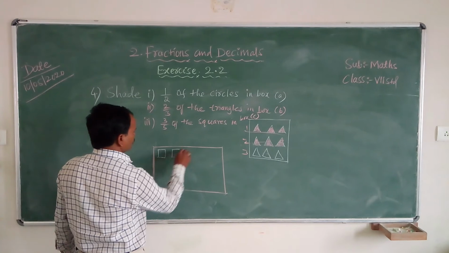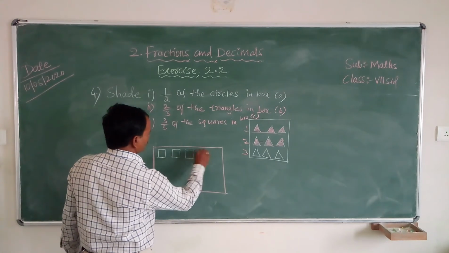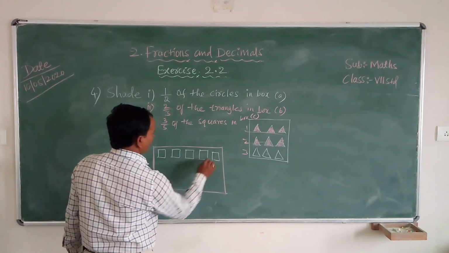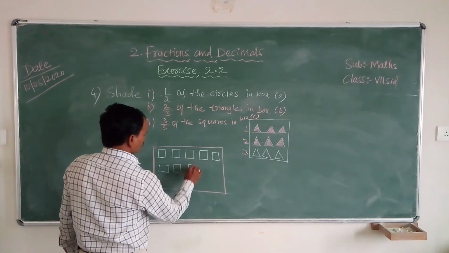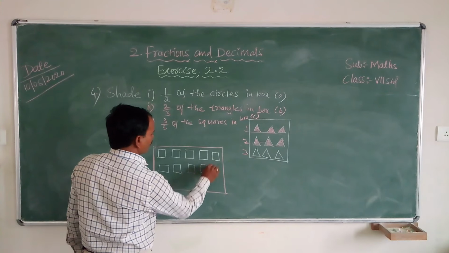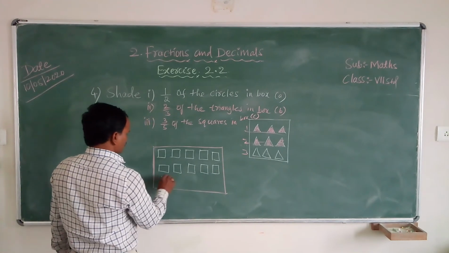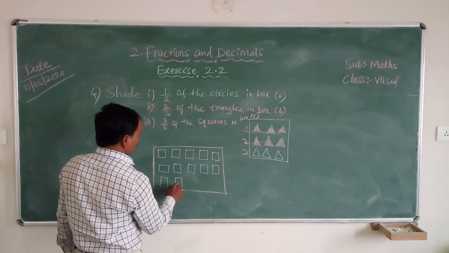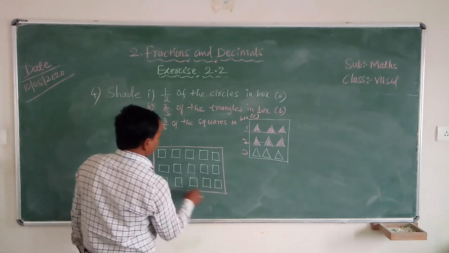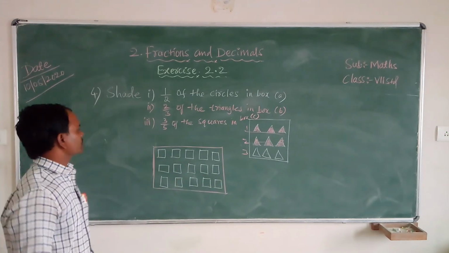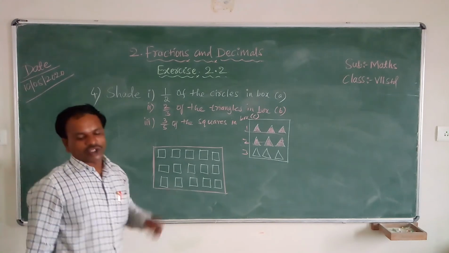1, 2, 3, 4, 5. 1, 2, 3, 4, 5. 1, 2, 3, 4, 5. 15 is there. Total how many squares are there? 3 by 5.